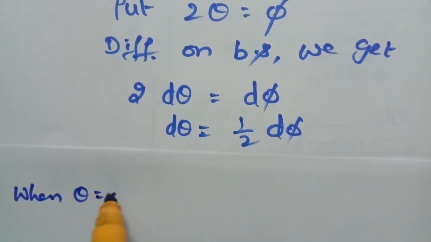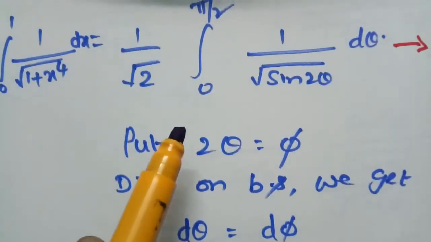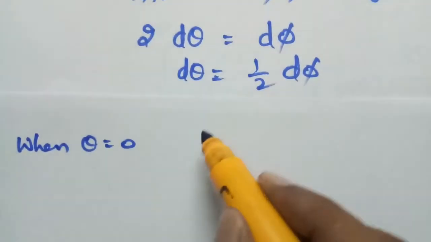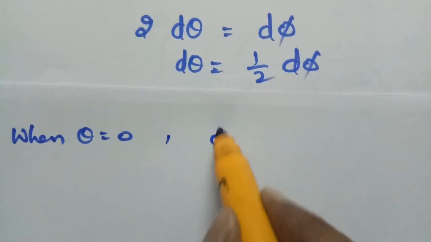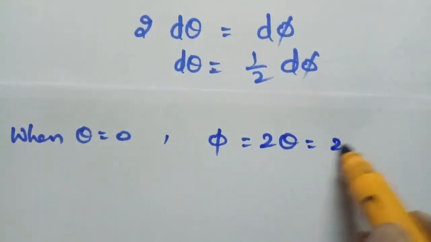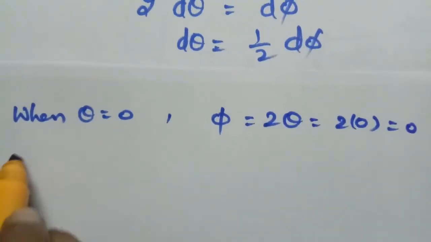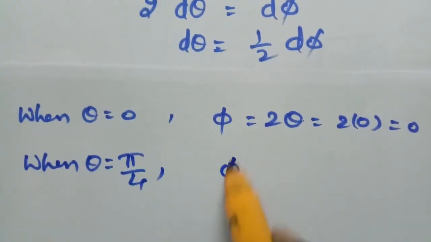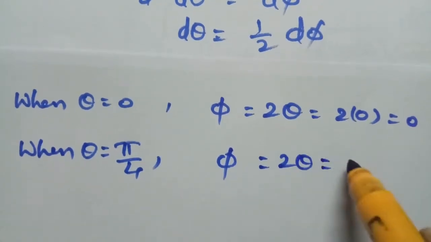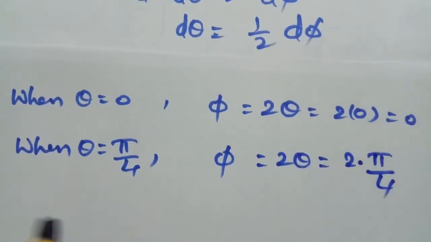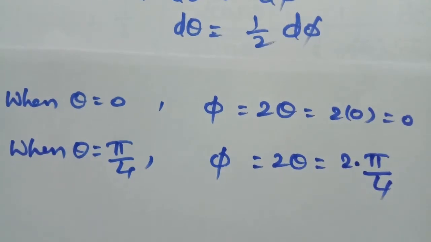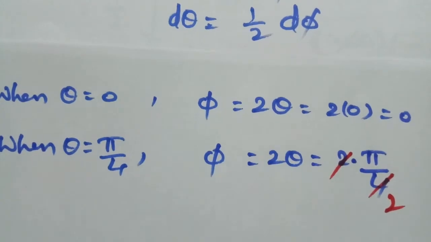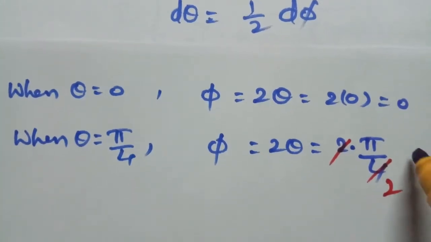When the lower limit of theta is equal to 0, phi is equal to 2 theta, that is 2 into 0, which is 0. When theta is equal to pi by 4, phi is equal to 2 into pi by 4, that is pi by 2.